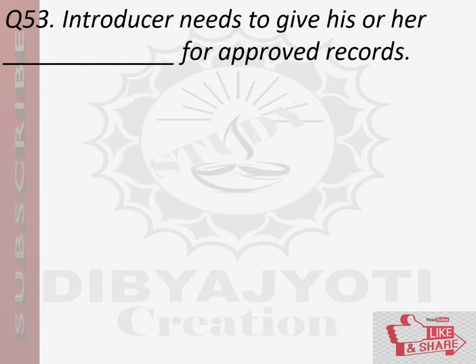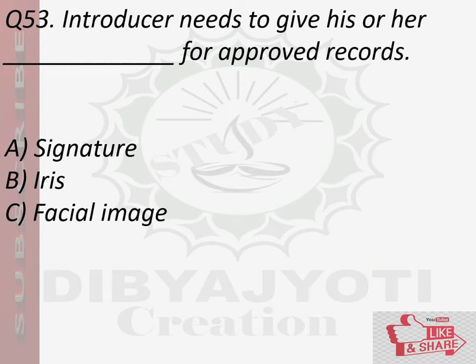Then next, introducer needs to give his or her dash for approved records. Options are option A, signature, option B, iris, option C, special image, option D, fingerprint, and answer is option D, fingerprint.